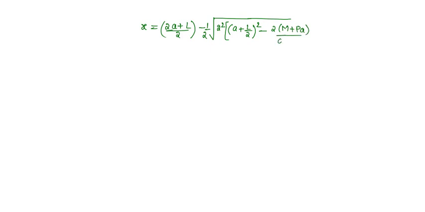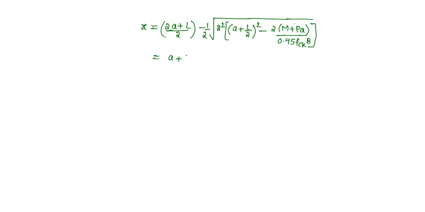From this, x will be equal to (2a plus L) by 2. Out of plus and minus we'll consider minus, into under root. Taking 2 common, there is 1 by 2 outside, so taking 2 square common, this becomes (a plus L by 2) whole square minus 2 times (M plus P a) by 0.45 fck into B. The 2 comes outside and it gets cancelled.